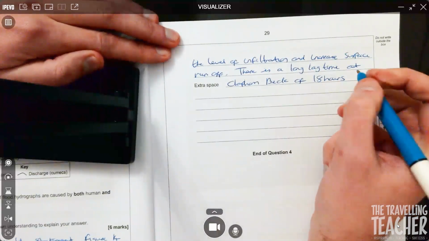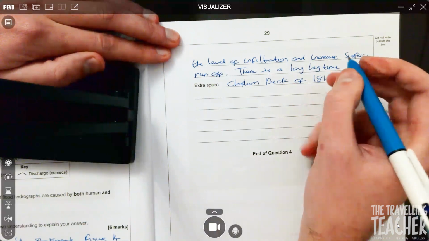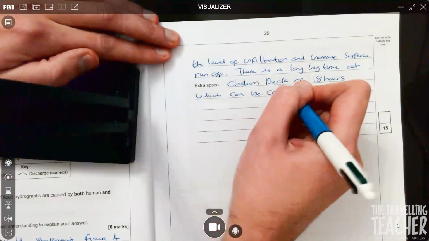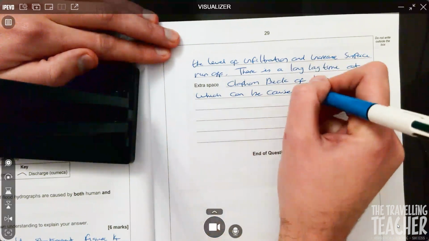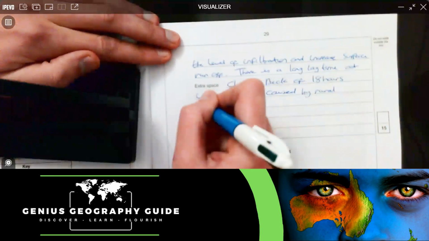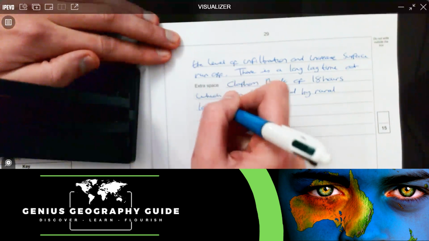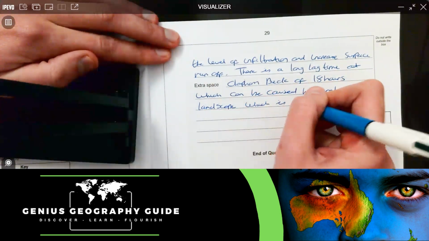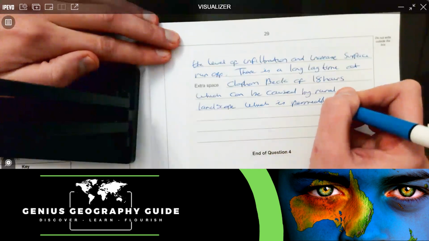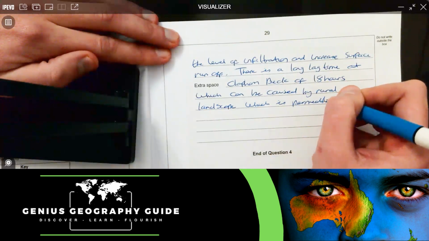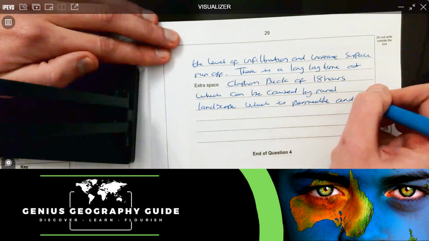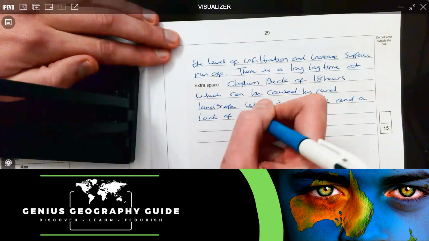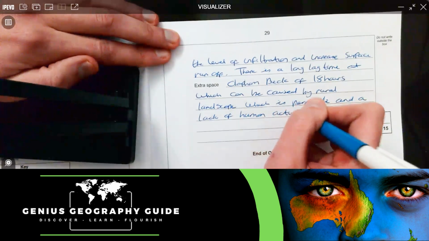Once again, I'm referring to figure 14 and taking data from the graph, which can be caused by rural landscape which is permeable and a lack of human activity.